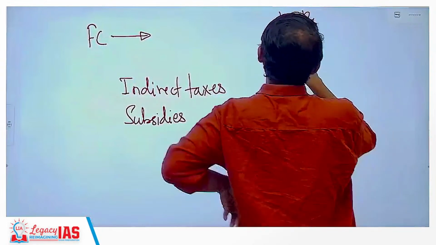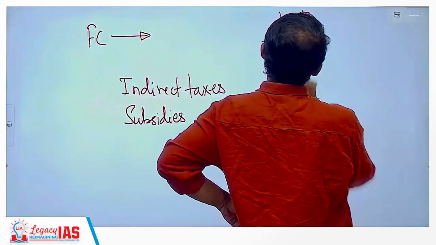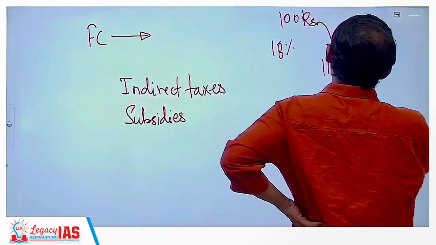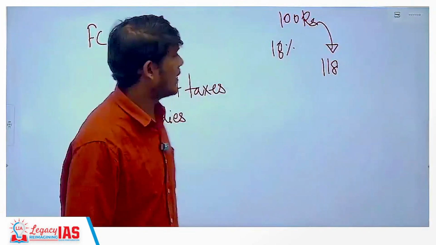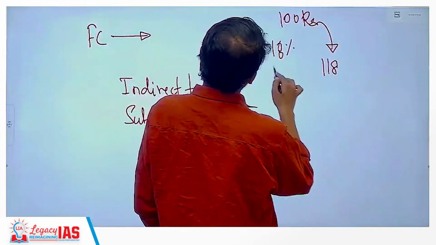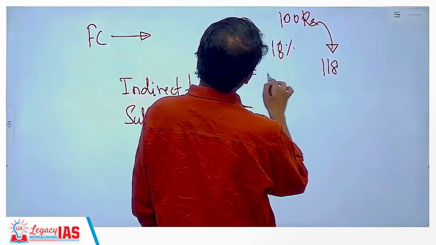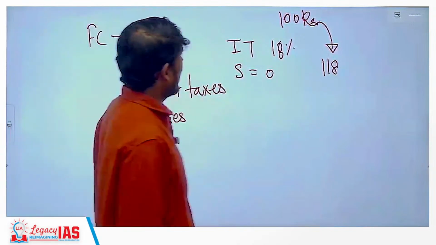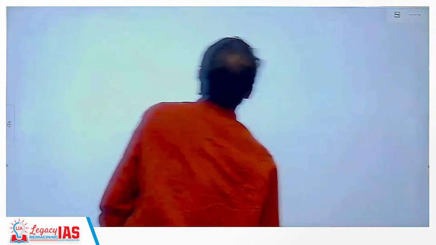And the government puts indirect tax of 18%, right? So the product becomes of 118 rupees. Let's say indirect tax is 18% and subsidy is 0. So this is the cost of the product, right?